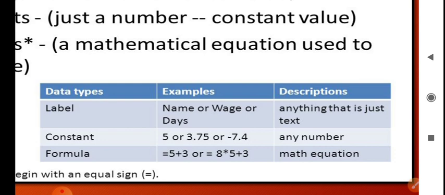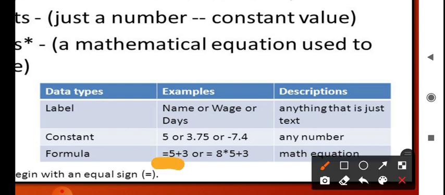And formulas. A formula starts with an equals to sign. Without the equals to sign, Excel will not take it as a formula. Here in the example it is also given: equals to 5 plus 3, or equals to 8 into 5 plus 3.